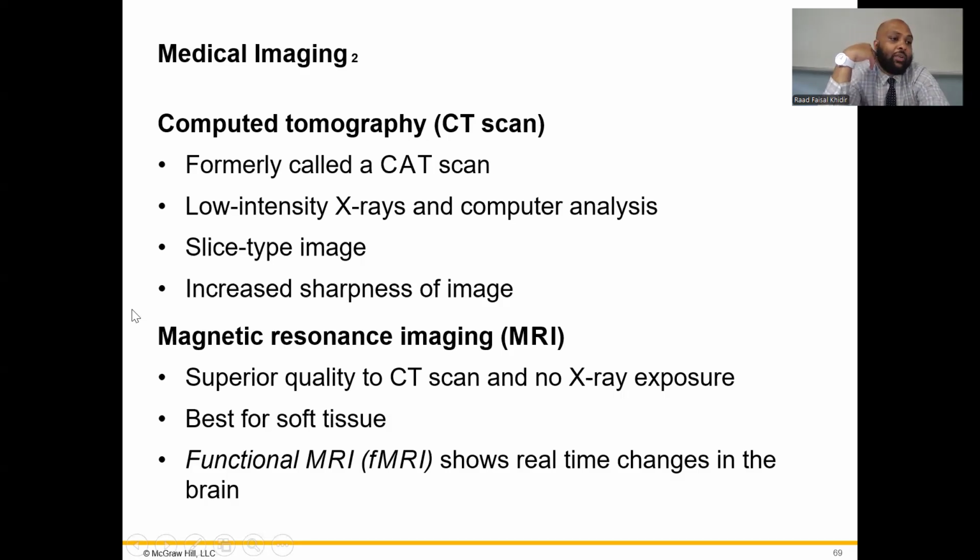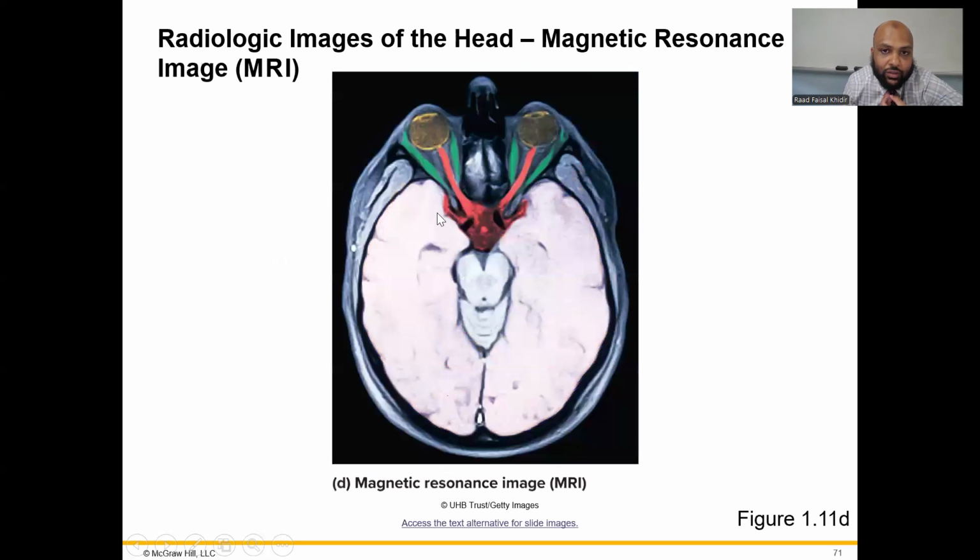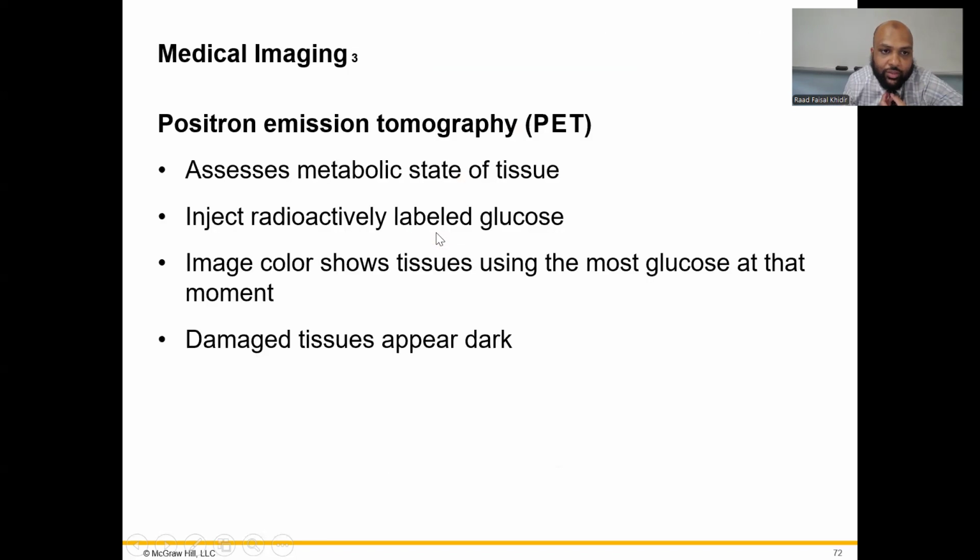And then there is the MRI, magnetic resonance imaging. It is superior in quality to the CT scan and has no X-ray exposure. It is best for soft tissue. And then functional MRI shows real-time changes in the brain. Radiological images of the head: computed tomography, and magnetic resonance imaging, MRI.